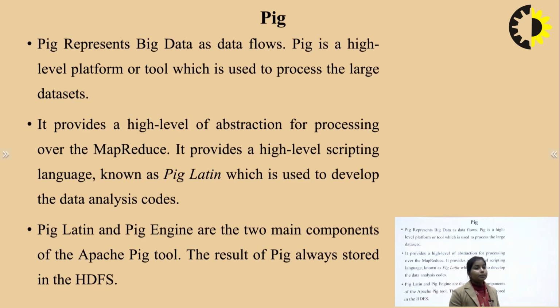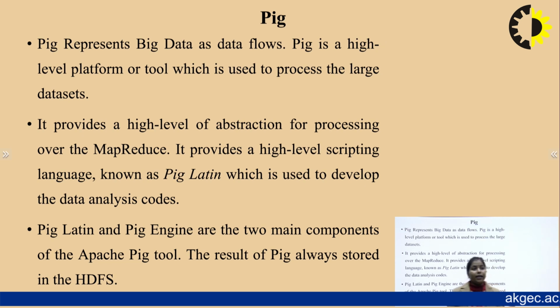Next topic is Pig. Pig and Apache Pig are both the same, so don't be confused between Pig and Apache Pig. Basically, Pig represents big data as a data flow, and Pig is a high level platform or tool which is used to process large data sets. Pig provides a high level of abstraction for processing over MapReduce, and it provides a high level scripting language known as Pig Latin, which is used to develop the data analysis code.